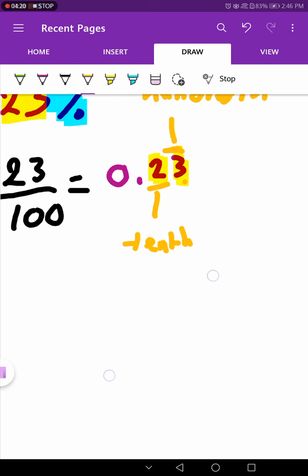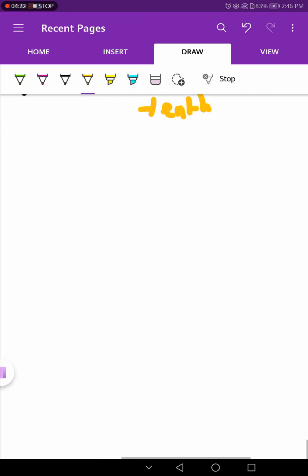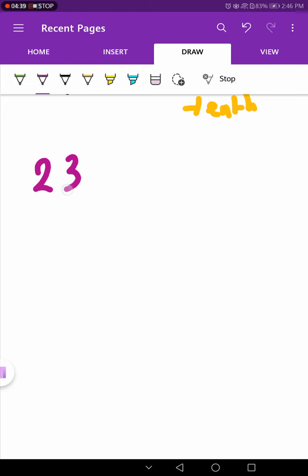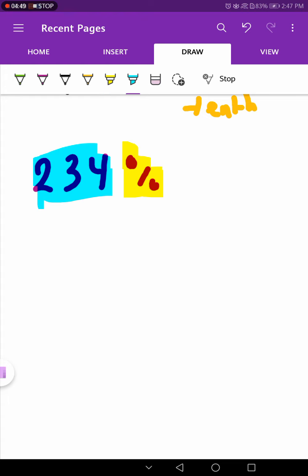Now, in this lesson, he asked me about percents that are more than 100 or less than 1. Let us start. More than 100, for example, 234%. As we learned, because we have percent, that means this number is over 100.